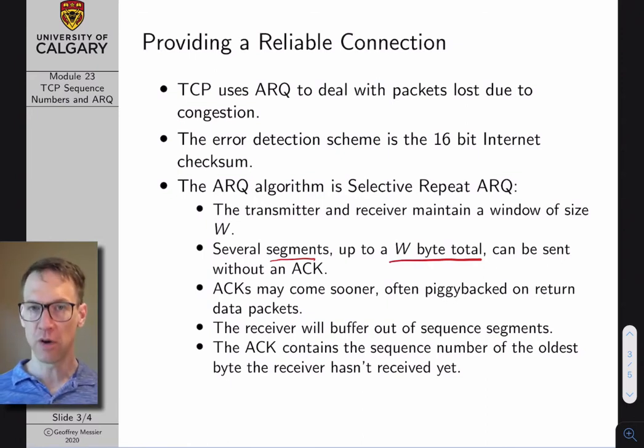ACKs sometimes are sent uniquely, but they're also very commonly piggybacked on data packets that are coming in the opposite direction. The receiver will buffer out-of-order segments, and the acknowledgement contains the sequence number of the oldest byte the receiver hasn't received yet, or the index of the byte that the receiver is expecting next.